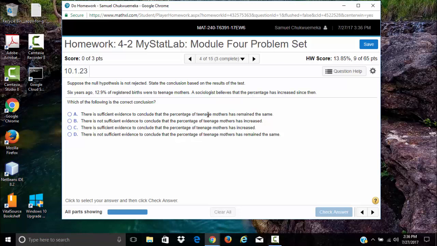So there is not sufficient evidence to reject the null, meaning there is not sufficient evidence to accept the alternative hypothesis. So this will be: there is not sufficient evidence to conclude that the percentage of teenage mothers has increased. And that is B.